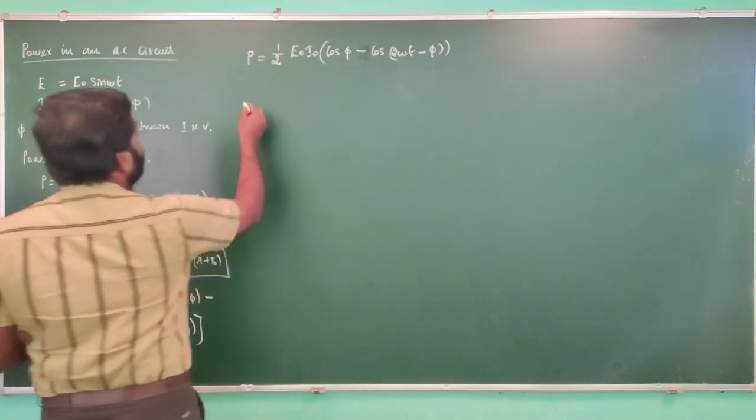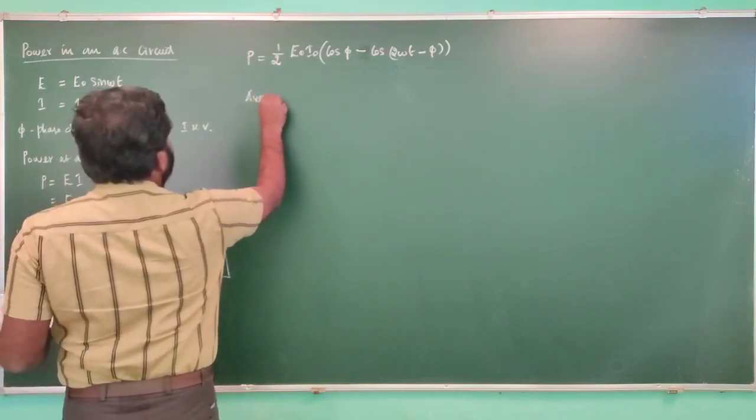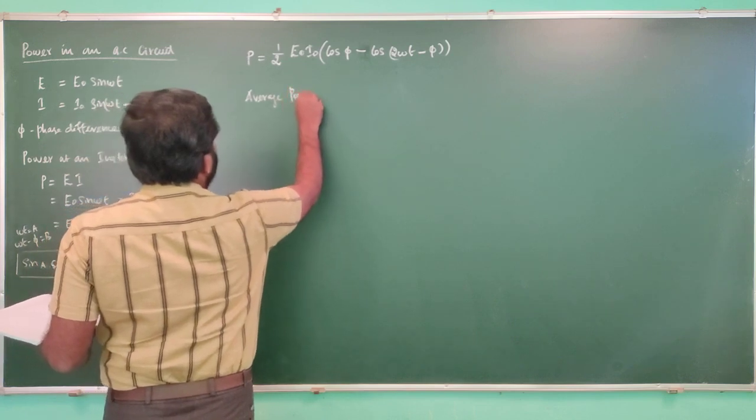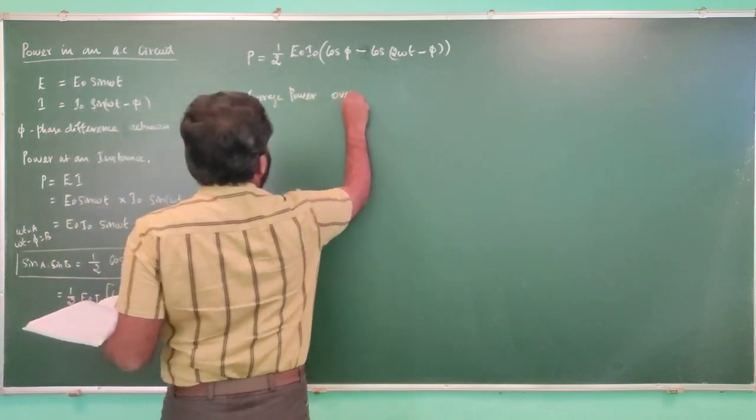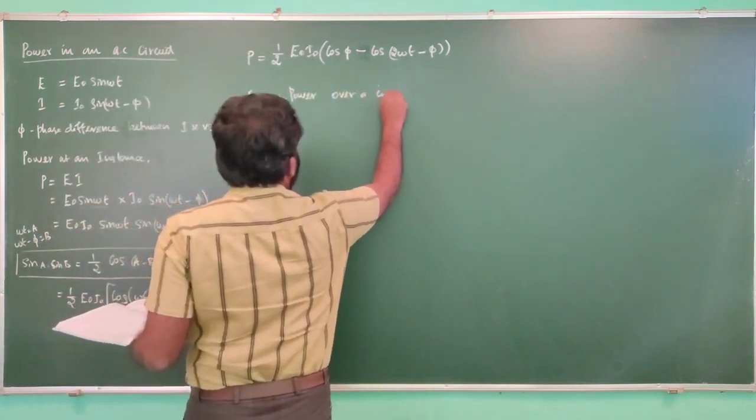Now we can write the average power over a cycle.